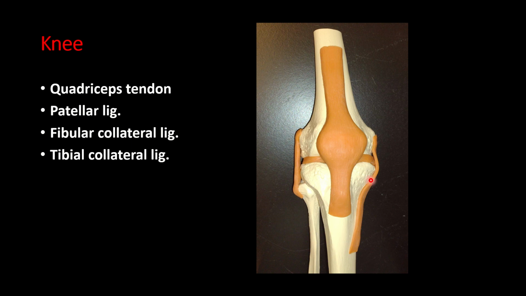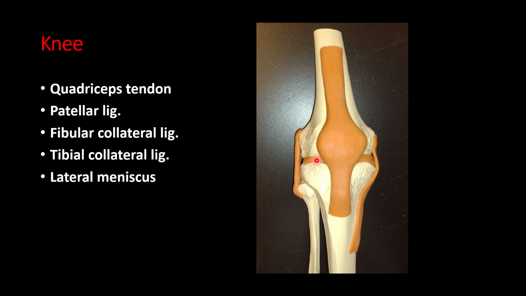And tibial collateral ligament, so it's connecting femur with the tibia, so this is the medial condyle of femur, this is medial condyle of tibia, so it's located medially. Another name for this is the medial collateral ligament, and another name for this is the lateral collateral ligament.